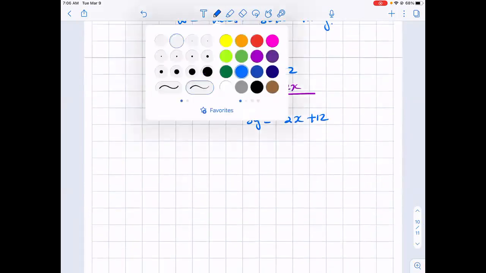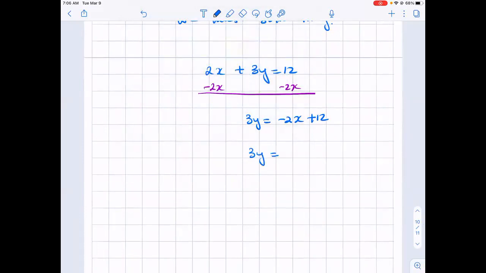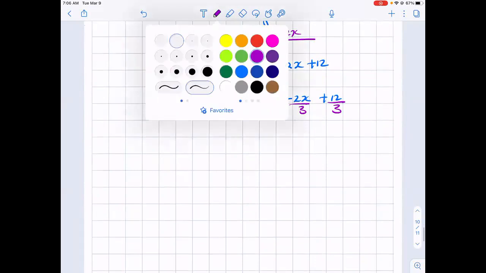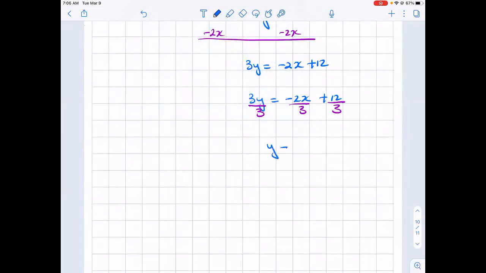And then if we divide every single term by 3, we'll see that we have y is equal to minus 2/3 x plus 4.